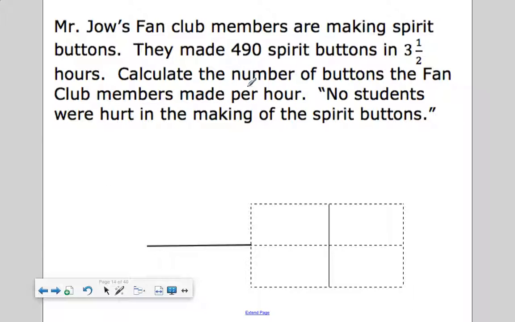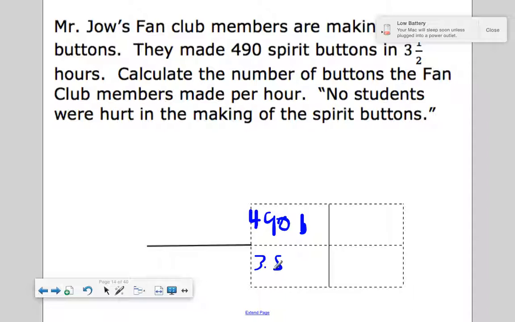So, all right, we need to calculate how many buttons they made per hour, each hour, or for 1 hour. So they made how many buttons again? 490 buttons. It took them 3.5 hours. Do you know another way to say 3.5 hours? Can you write that in decimal form? You can leave it in fraction form if that's what you prefer, but I'd rather use 3.5 hours.